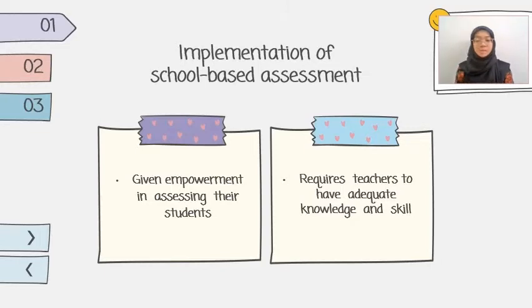Nevertheless, school-based assessment requires teachers to have adequate knowledge and skill in employing various informal methods of testing and psychometric testing. This is why school-based assessment becomes an issue for the novice teachers.